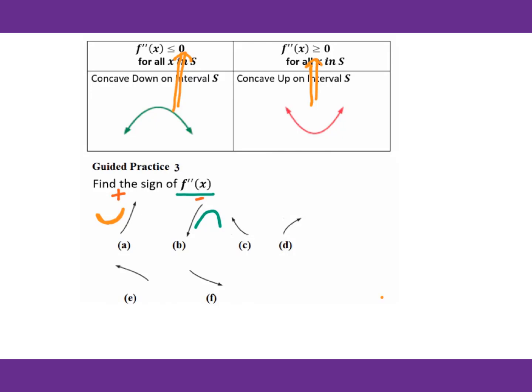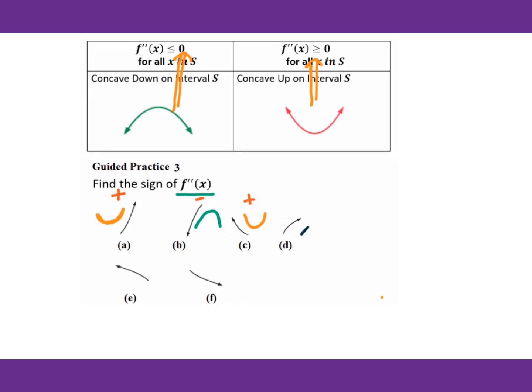For C, the graph will be like this, so it's concave up, which means it's positive. Don't be affected by the arrow when you decide whether it's concave up or concave down.